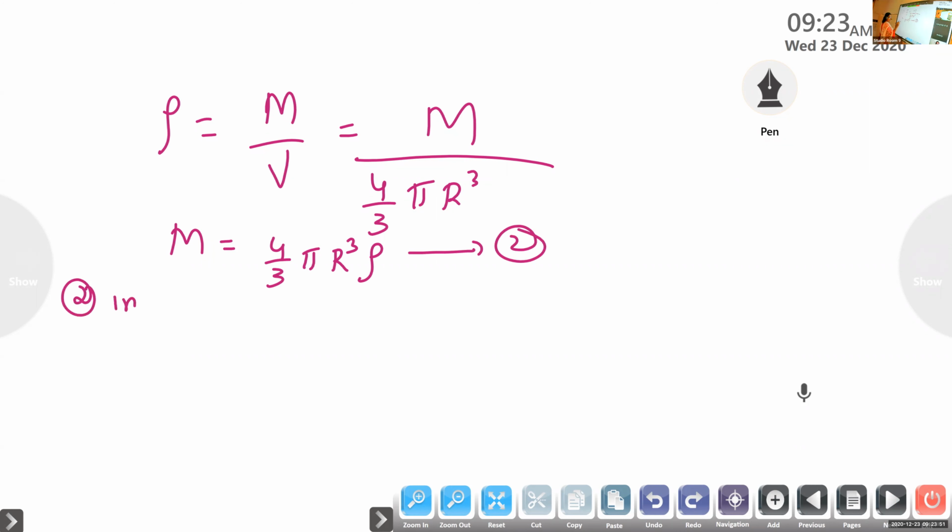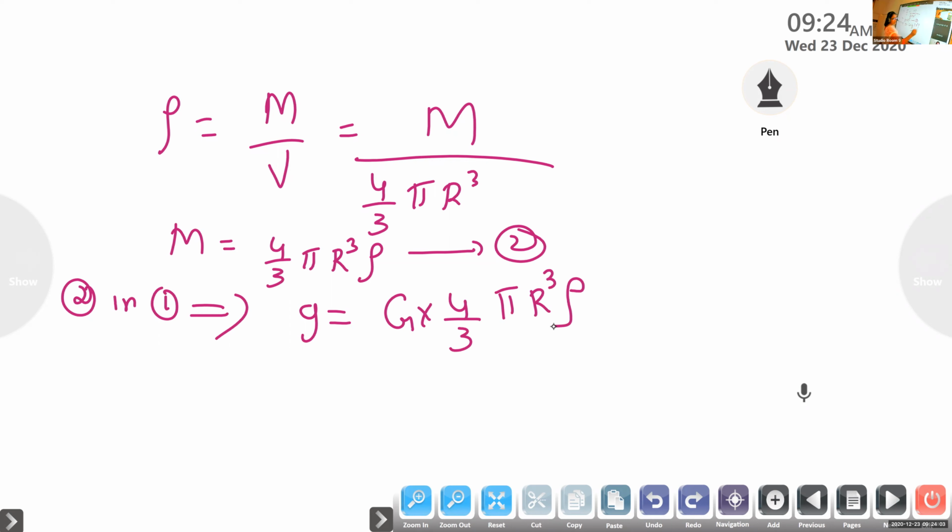Substitute equation 2 in 1. Therefore, g is equal to G into 4 upon 3 pi r cube rho, by R square. That is equation 3. So g means GM by R square.